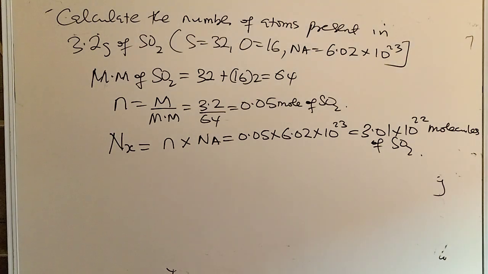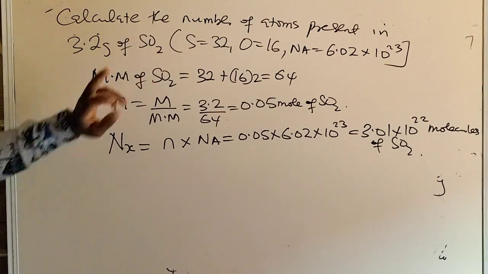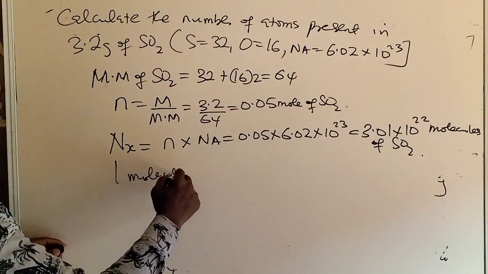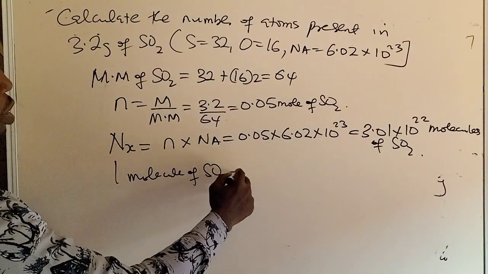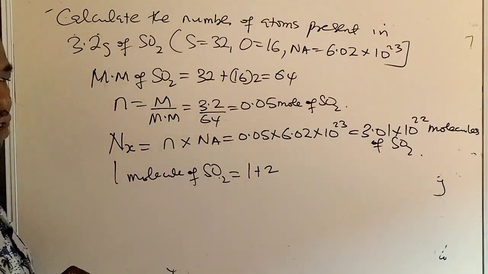Having done that, the next thing is to ask ourselves how many atoms are in one molecule of SO2. In one molecule of SO2, we have one atom of sulfur and 2 atoms of oxygen.